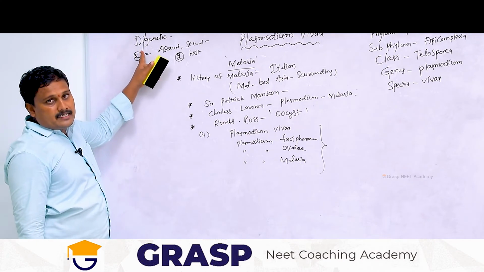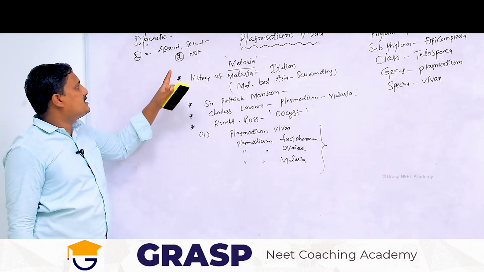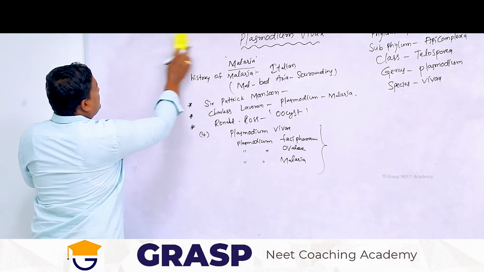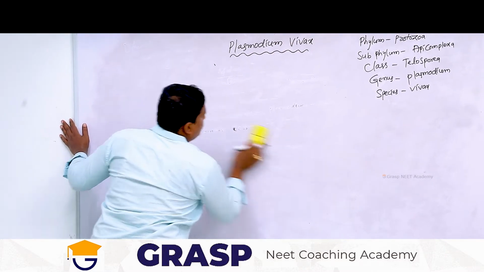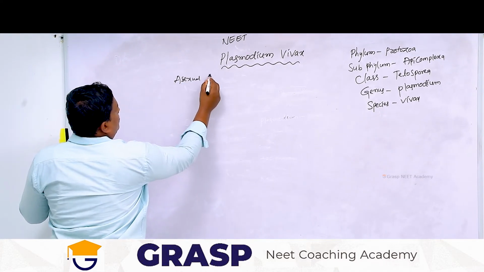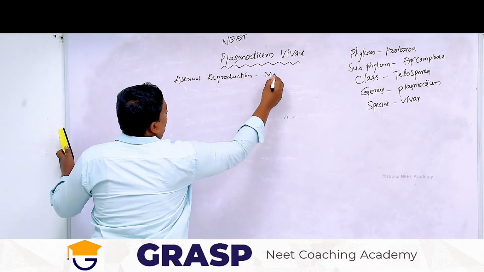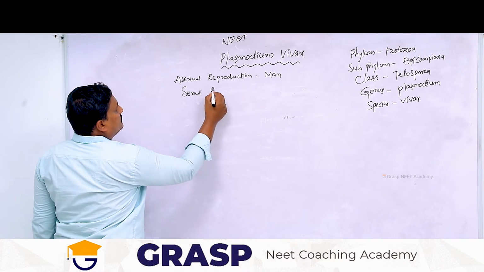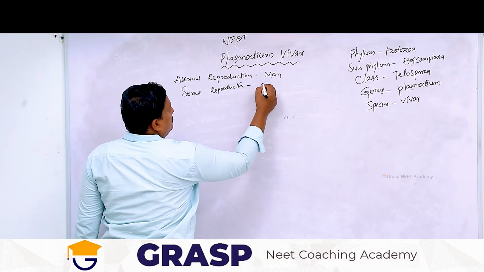In Plasmodium vivax, asexual reproduction takes place in man, and sexual reproduction takes place in the female Anopheles mosquito.